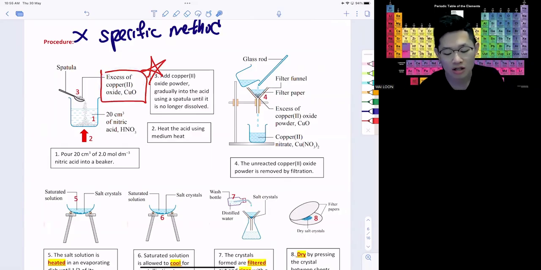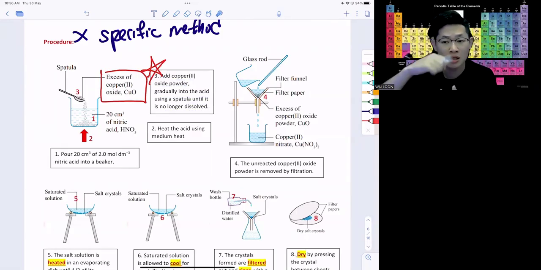So you see, we add copper 2 oxide powder gradually into the acid until it can no longer dissolve. We add a bit, we stir, we add a bit, we stir, until it can no longer dissolve. Why?